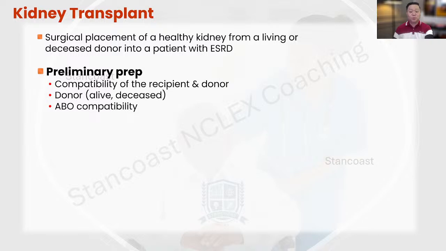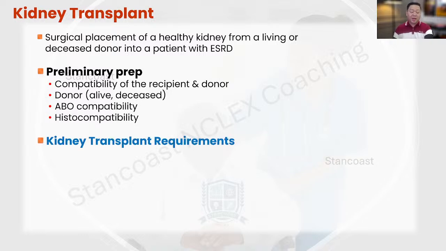And so it's going to match the specific antigens, particularly the HLA, to minimize the immune response and to ensure that the transplanted tissue or organ is accepted by the recipient's body. Now, those who are receiving a kidney from a living or related donor with compatible tissues have the highest likelihood of transplant success.